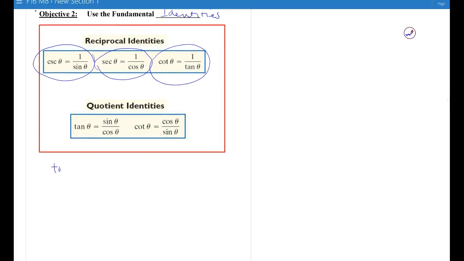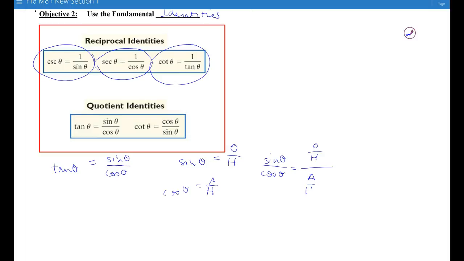So let's see, why is the tangent of theta equal to the sine of theta over cosine of theta? Well, sine of theta is opposite over hypotenuse, and cosine of theta is adjacent over hypotenuse. So if I do sine theta over cosine theta, it's opposite over hypotenuse over adjacent over hypotenuse.